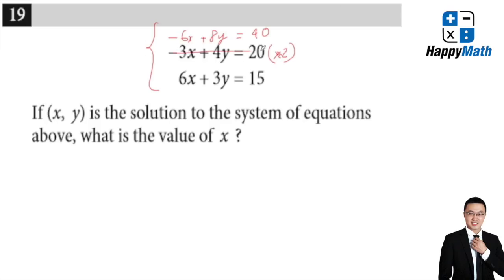So I will add the 2 equations together. Minus 6x plus 6x is 0x, 6y plus 5y is 11y, 20 plus 15. So when y equals 5, you get 8 times y equal to 40, and x will be equal to 0, because minus 6x equals 0. So 0 is the final answer for 19.